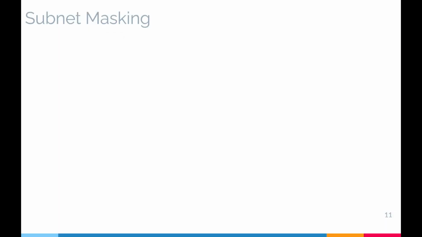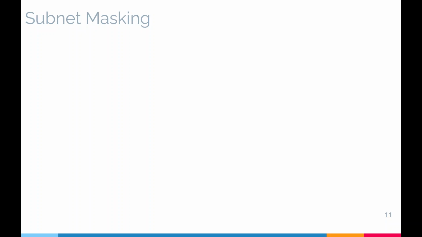Now let's understand subnet masking. We have already discussed subnet masking to a certain extent while discussing class A, B, C, D, and E IP addresses, but here we'll understand it in detail. Subnet masking helps to identify the network and the host portion.